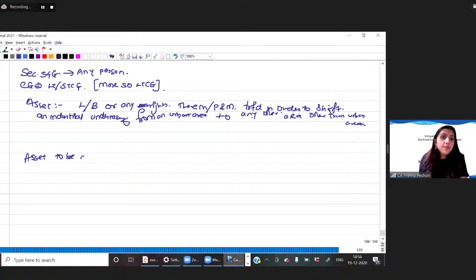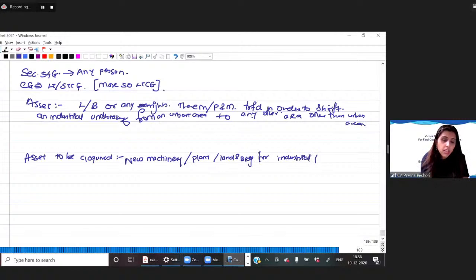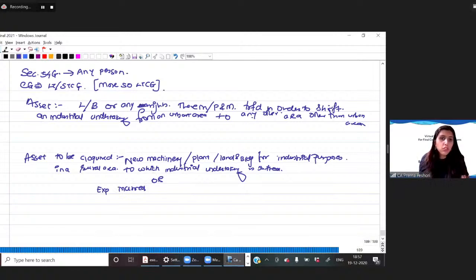Asset to be acquired: new machinery or plant or land and building for industrial purposes in a rural area to which the industrial undertaking is shifted, or expenses incurred on shifting, even that is eligible. Clear?